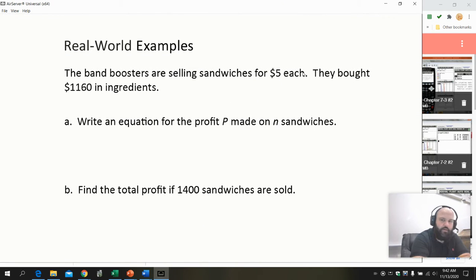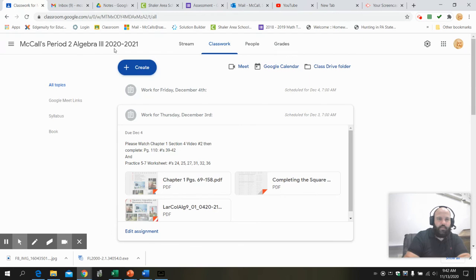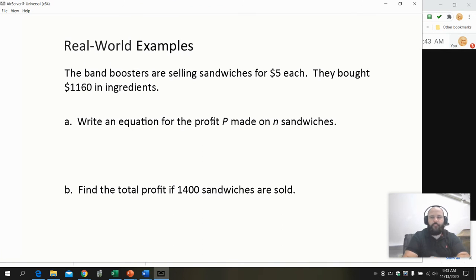Now, the second part of this I want to show you is how to solve a couple of real-world examples that you will have on your next assessment. So let's take a look here. Okay, so real-world examples.